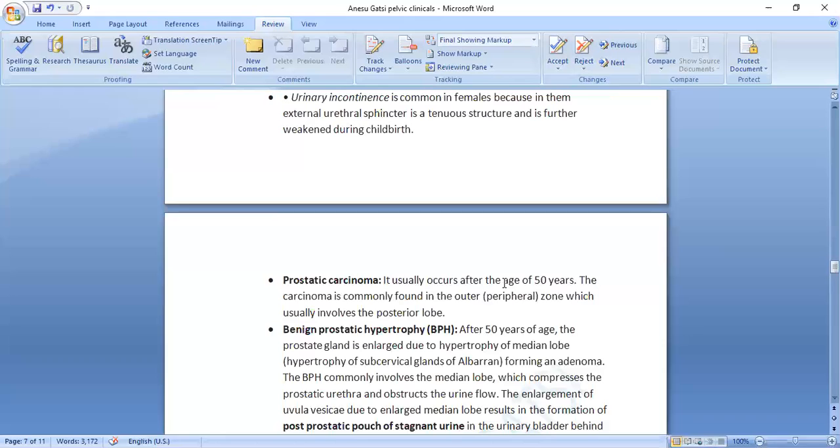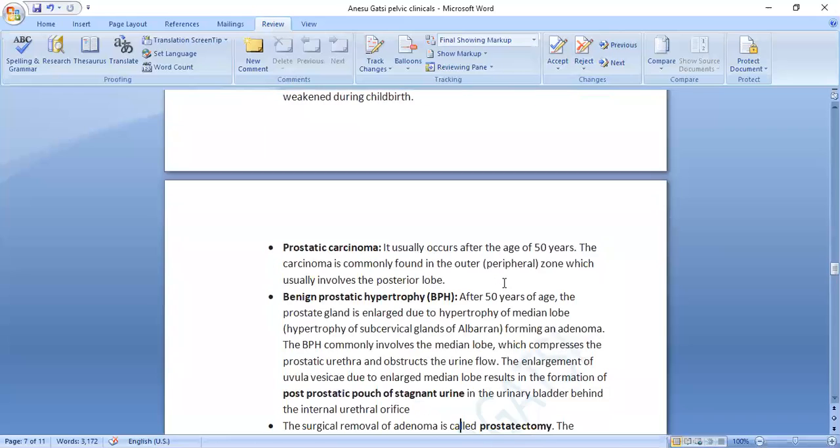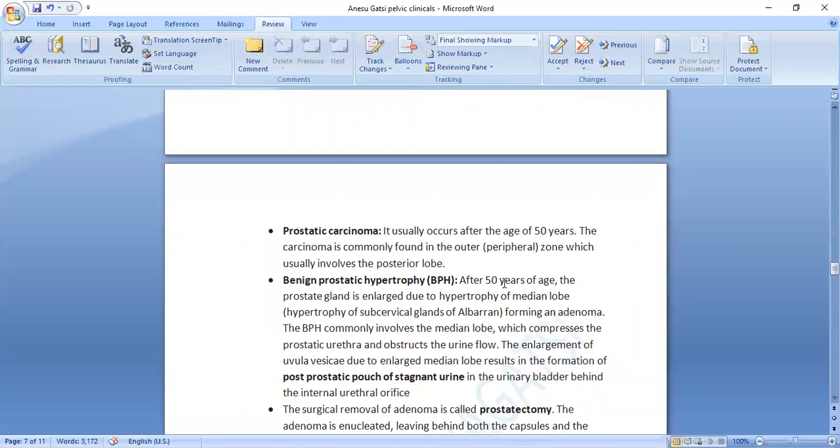So this is where you're more likely to have a prostatic carcinoma. The same applies for benign prostatic hypertrophy in terms of incidence and age. Prostatic carcinoma usually involves the posterior lobe, but benign prostatic hypertrophy usually involves the median lobe.